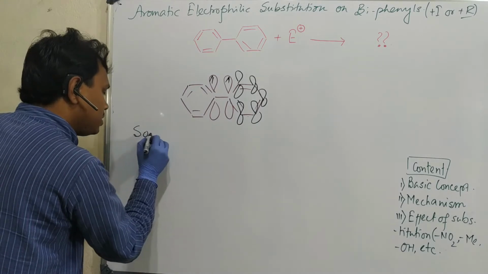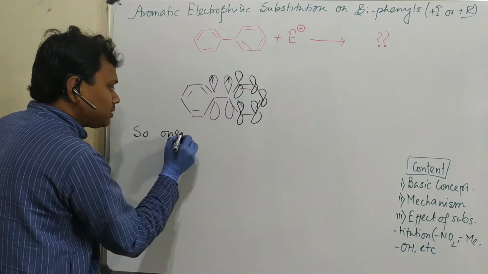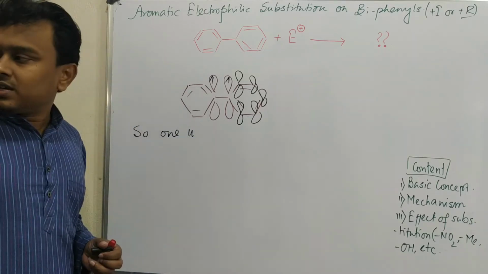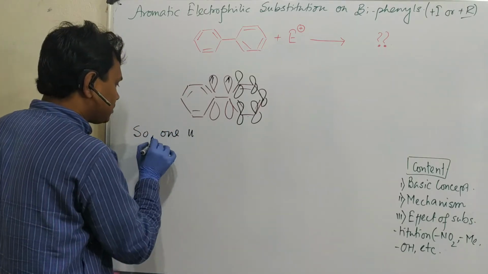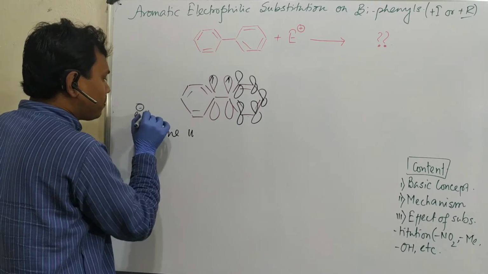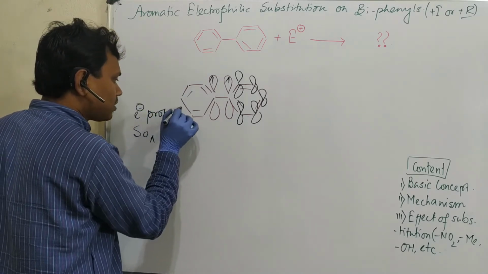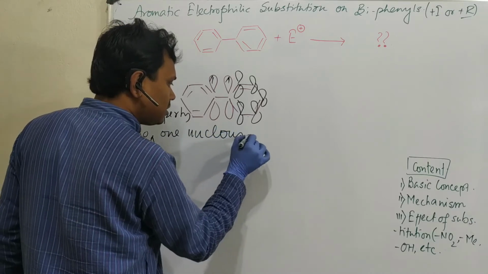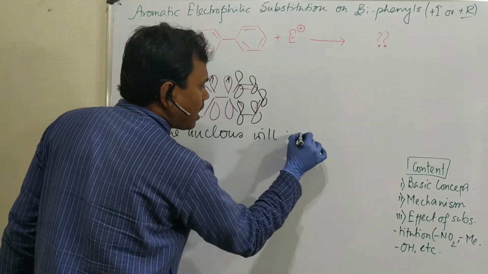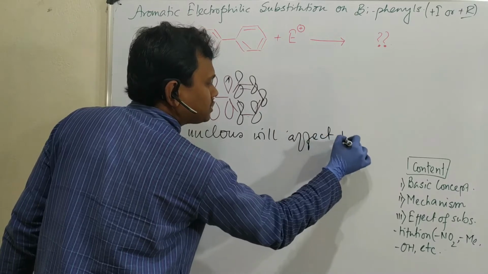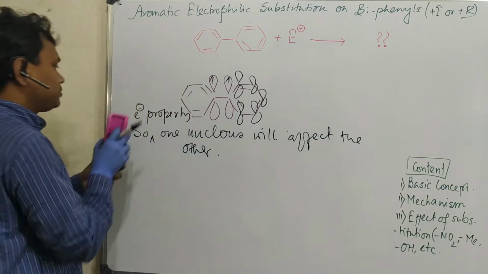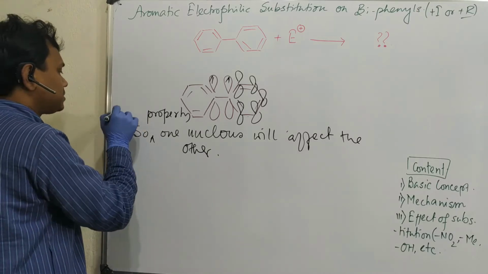So the conclusion: the electronic properties of one nucleus will affect the other.